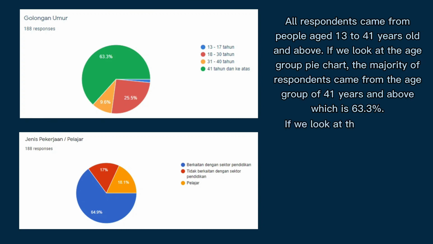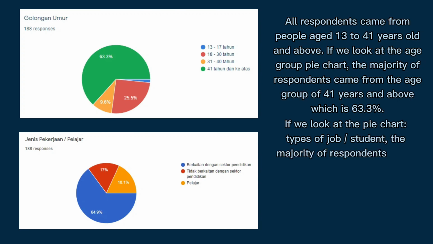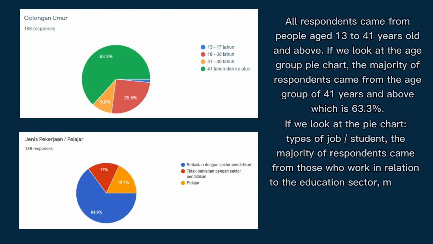Then if you look at the pie chart of types of job or student, the majority of respondents come from those who work in relation to the education sector, meaning most of the respondents are senior teachers.